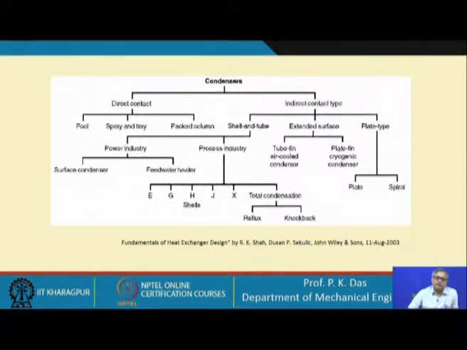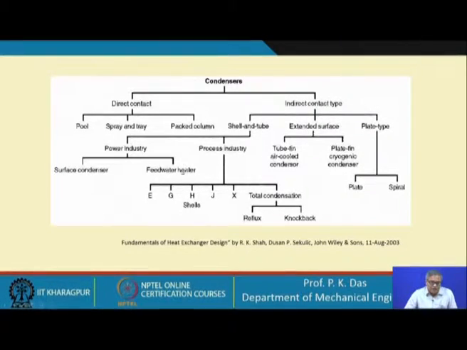So, basically this is also a kind of condenser. Construction wise it may not be identical to the main condenser of the steam power plant, but many of the features are similar to what we have in the main condenser of the steam power plant.